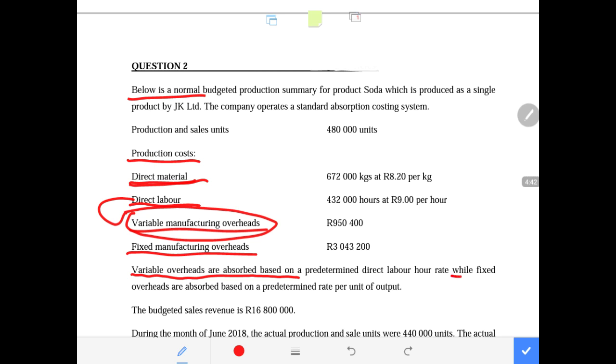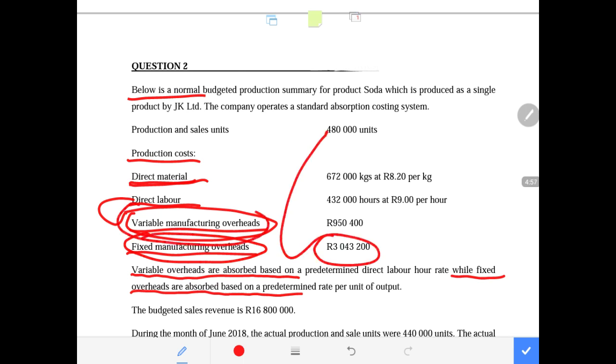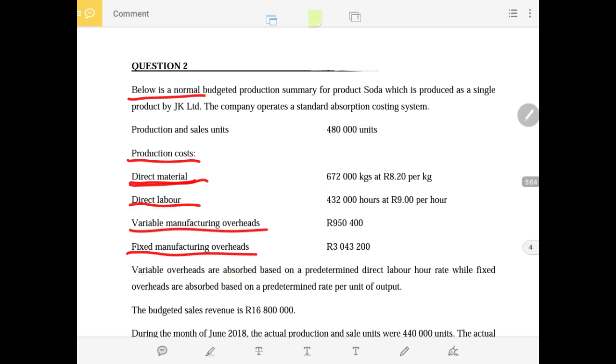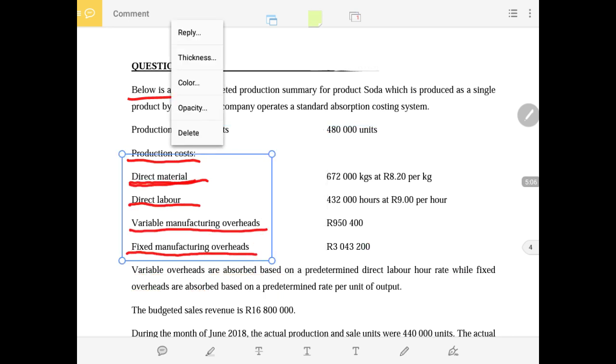Then the fixed overheads are absorbed based on the predetermined overhead rate per unit of output, meaning our fixed overhead should be based on the number of units that are manufactured, while our variable overhead should be based on the number of labor hours that we budget to spend in order to manufacture the 480,000 units.